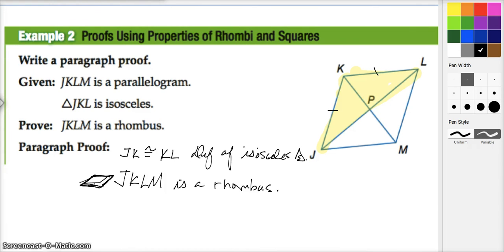There were really only two major points to this: given that this is an isosceles triangle, two sides are equivalent, and those two sides are consecutive sides of the parallelogram. Therefore, JKLM is a rhombus by theorem 6.19.